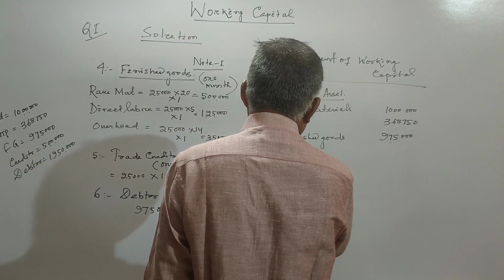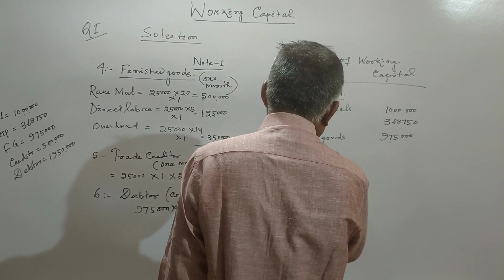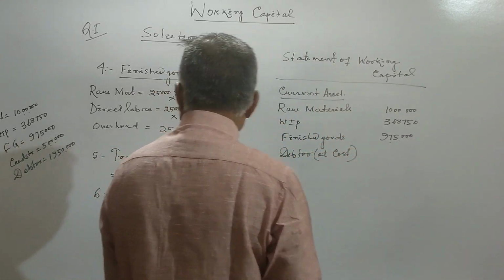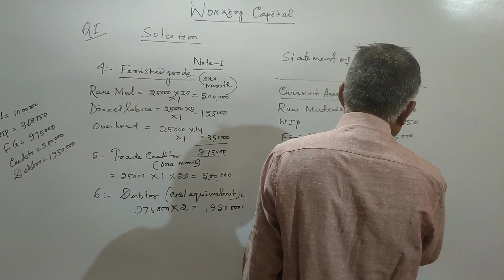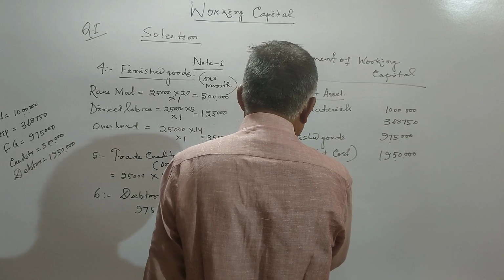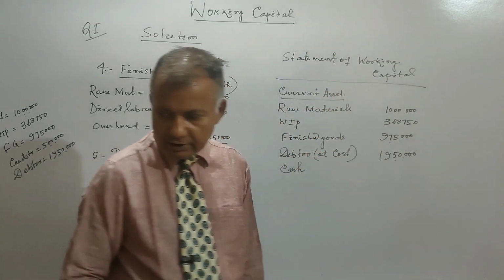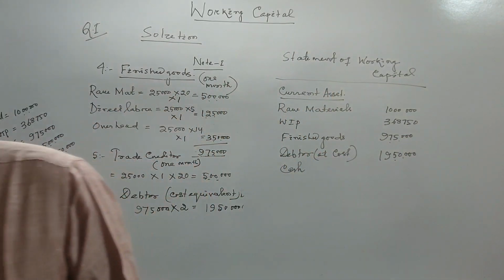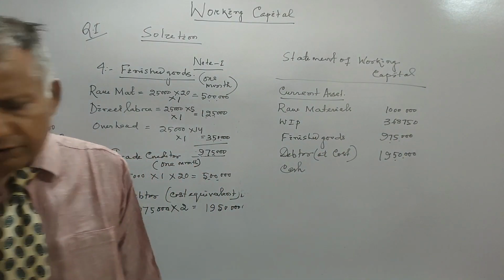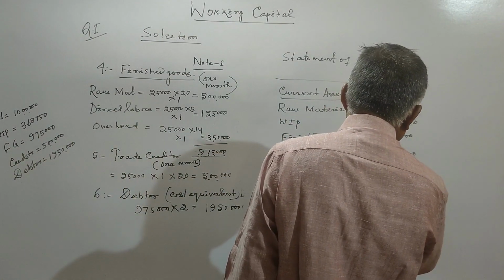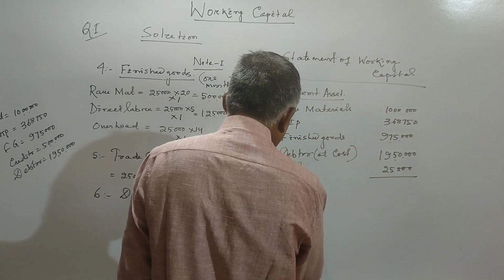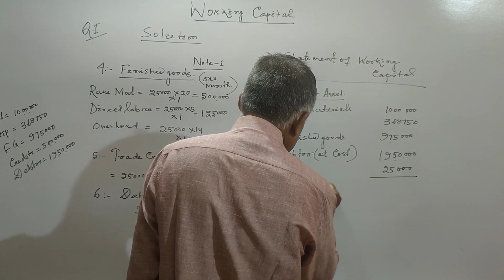Then debtor at cost. So debtor at cost is 19,50,000. Then cash is given in the problem. Cash balance, minimum cash balance 25,000. So 25,000 is the minimum cash balance. Total current asset.